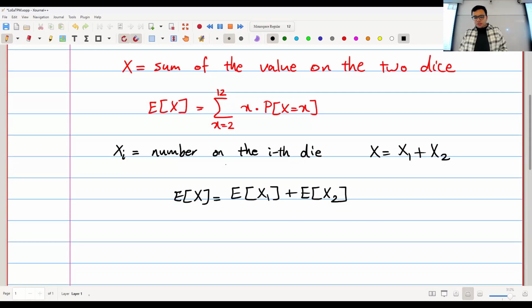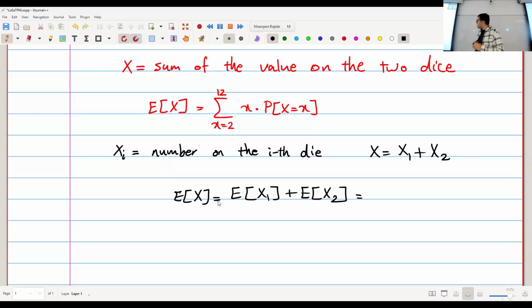So, and these two are also independent of each other. So this one is also 3.5. But very importantly, I don't need independence when I'm using linearity of expectation. When I proved that I have linearity of expectation, I was not assuming anything about my random variables. I was just using the definition of expectation.